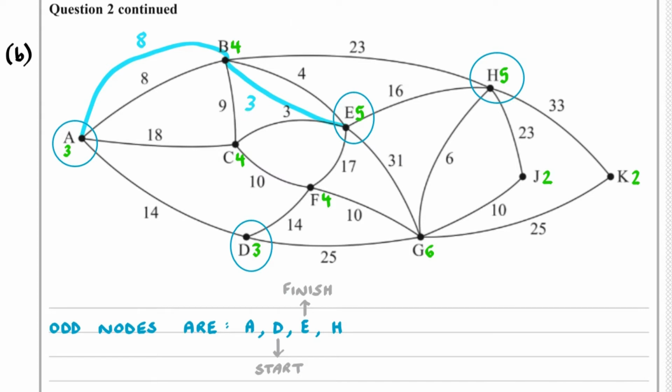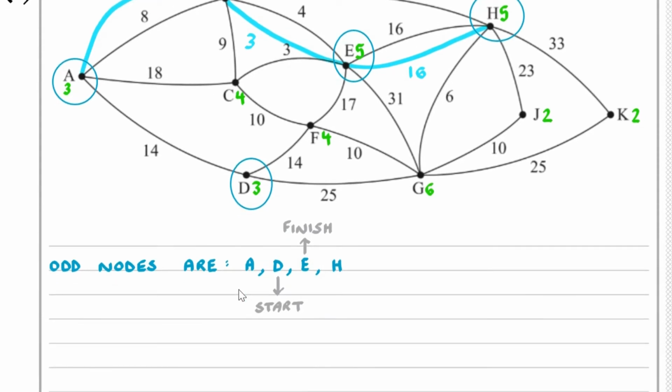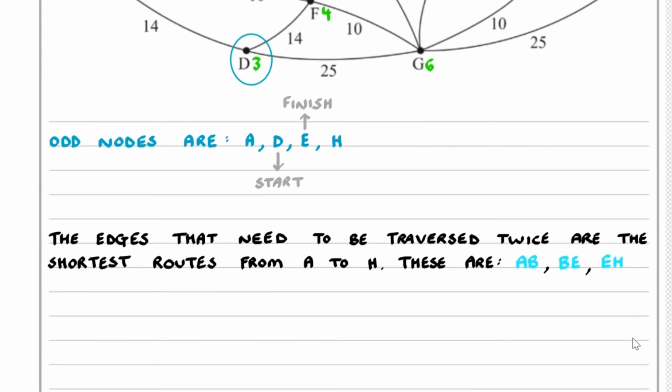And then we can go from E to H. That has 16 as its weight. And so, therefore, the edges that need to be traversed twice are the shortest routes from A to H, and these are AB, BE, and EH.